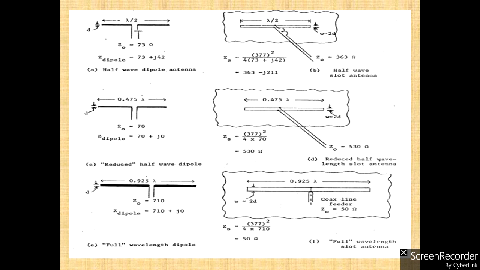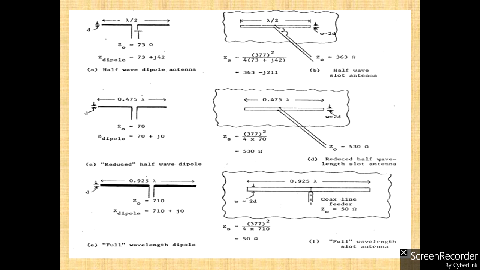The impedance of the half-wave dipole is 73 plus j42 ohms. Similarly, for the half-wave slot antenna, by substituting that in the form Rd plus jXd, we get Zs equal to 363 minus j21.